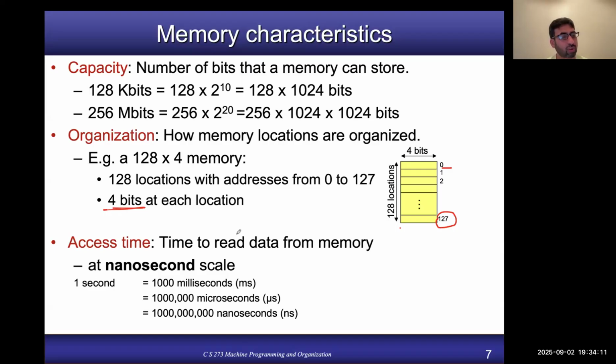So it is not critical from the perspective of the processor. That's why we measure the access time of a memory in terms of the read operation, not the write operation. It is normally given in nanosecond scale, and one nanosecond is equal to 10 raised to the power minus 9 seconds. Okay.